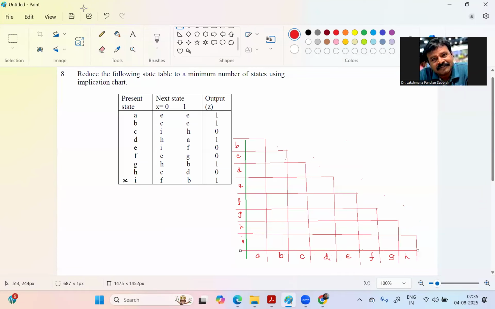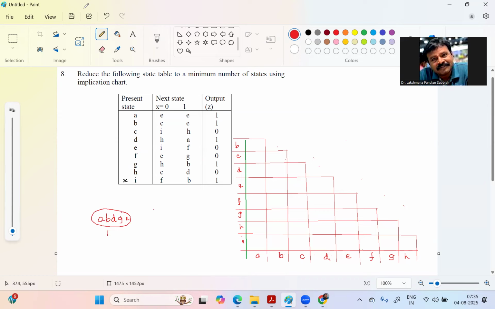Now first you take the same output part. A, B, D, G, I: these all have output one.